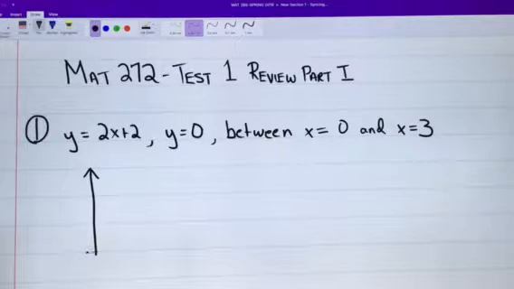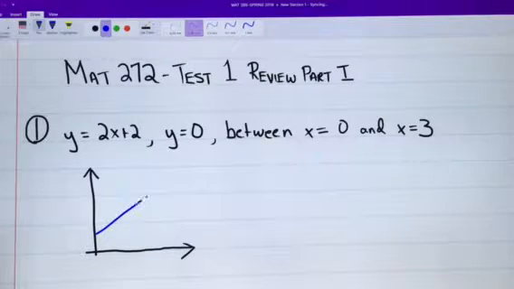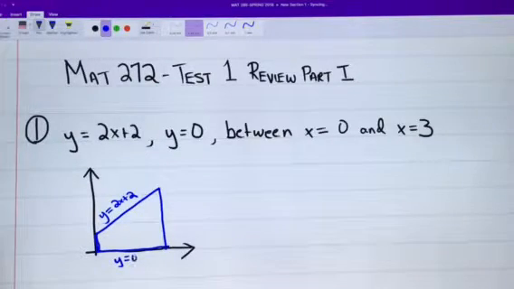So we have in the layout, in the two-dimensional modeling, now the figure is not drawn according to scale, but what we have here is y is equal to 2x plus 2, y is equal to 0, and again the boundaries, going on between x is equal to 0 and x is equal to 3.